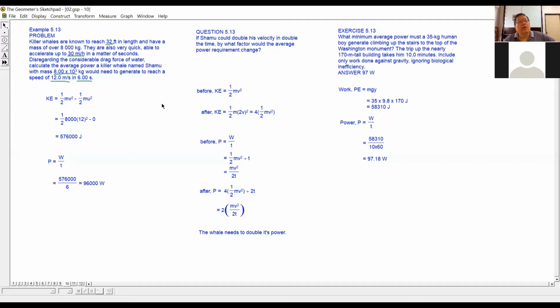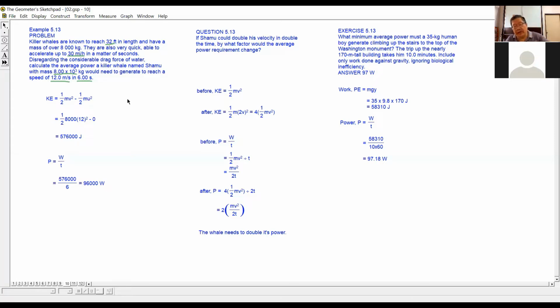So we calculate the energy used by the whale by looking at the kinetic energy of the whale. The kinetic energy change is the final kinetic energy minus any initial kinetic energy that it has.